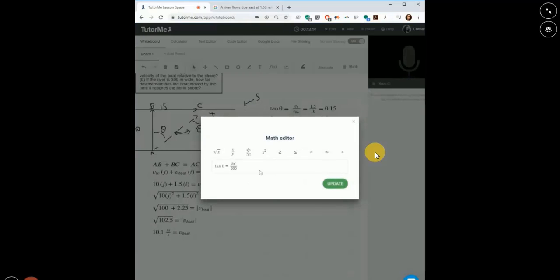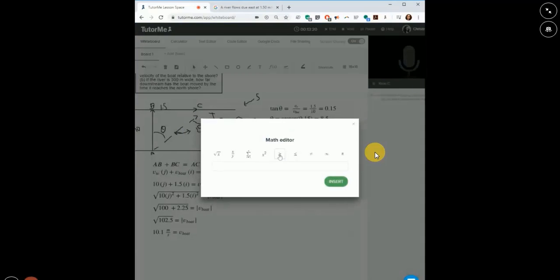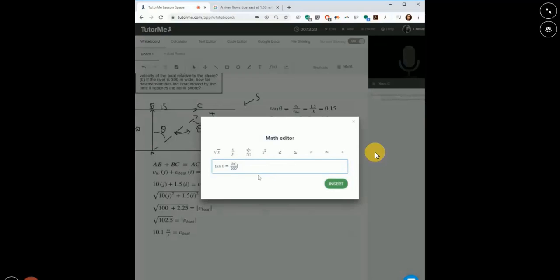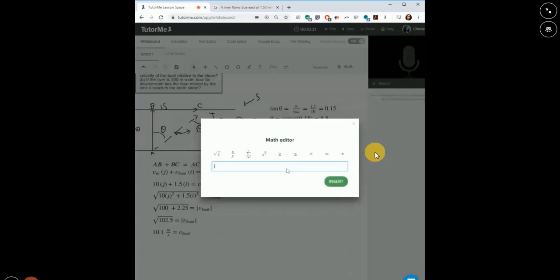Then we know that the tangent of theta is equal to 0.15 from before. And then we just need to multiply that by 300. So we get 300 times 0.15 equals BC, which equals 45 meters. And that's how you solve the second part of it.